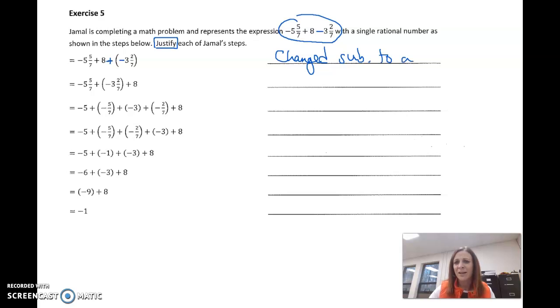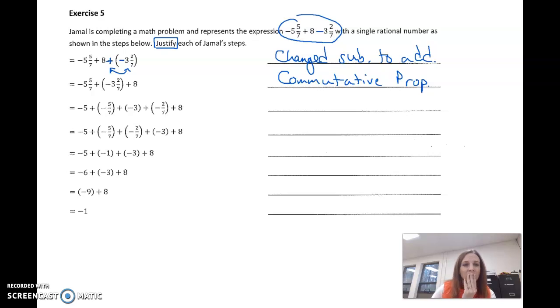Am I abbreviating? Yes, I am. He changes subtraction to addition. Okay. Well, then what did he do from here to here? What's different? Kind of looks like he changed the order, right? What property says we can change the order of an addition problem, a string of additions? The commutative property. And honestly, if I run into it again, I'm just going to write com_prop.